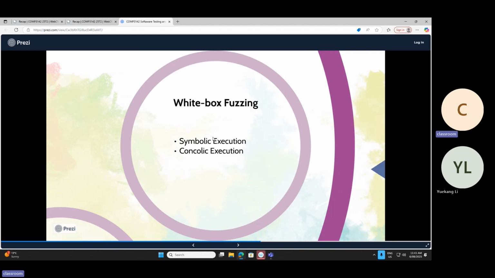And we also learned white box fuzzing. So white box fuzzing is normally related to symbolic execution and concolic execution. Normally when we run a program, it's considered concrete execution because if we stop the program at any state, each of the values of the variables at that particular program state is a concrete value.